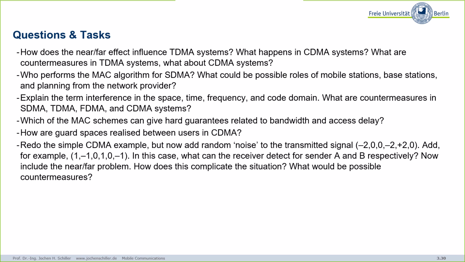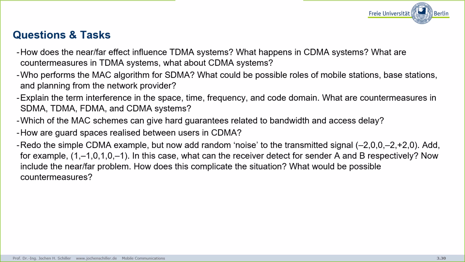So the point is, indeed, you can pick any of the technologies, but you have to be aware what you have to do to guarantee something, to guarantee bandwidth, to guarantee certain delays. So that's the basic idea. So for many of the questions, there's not this right or wrong answer, but it's interesting to see what you think about the schemes and how you come up with a solution.